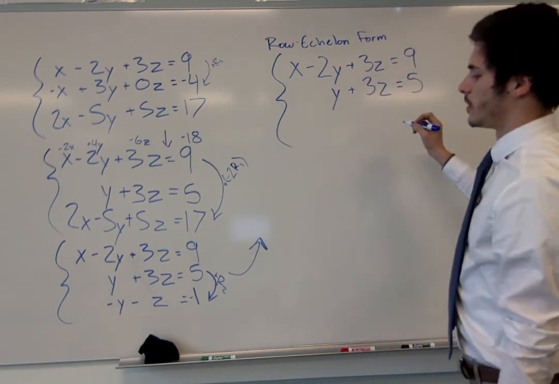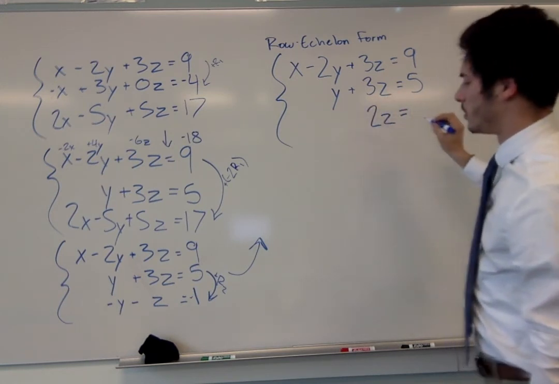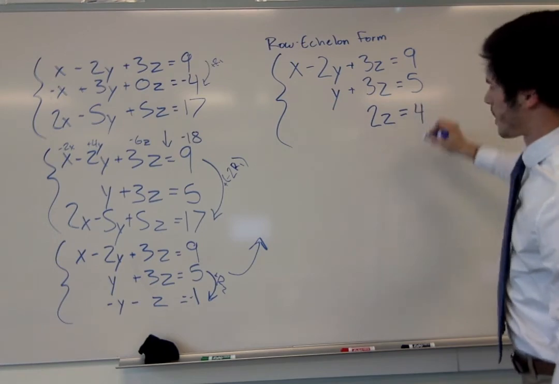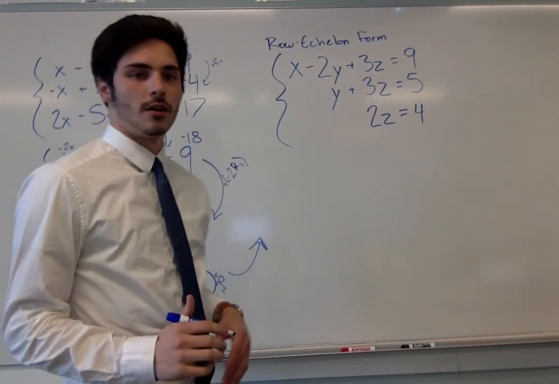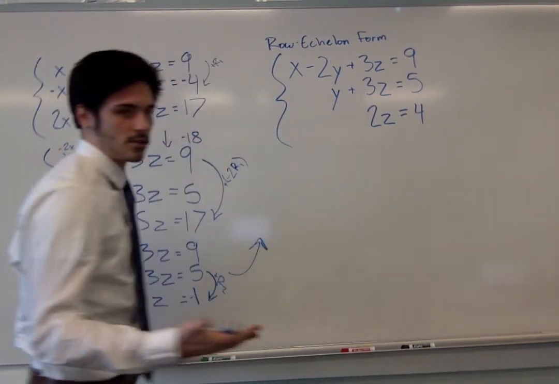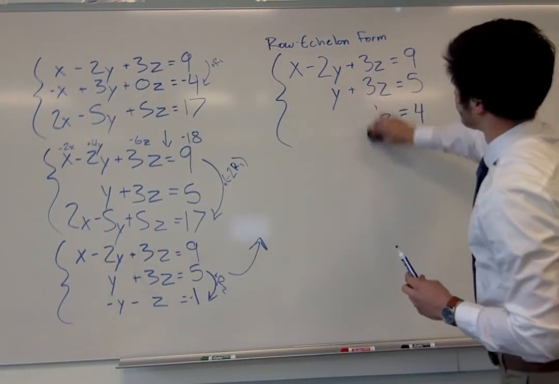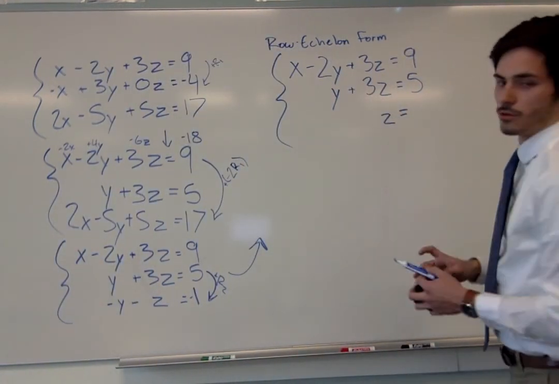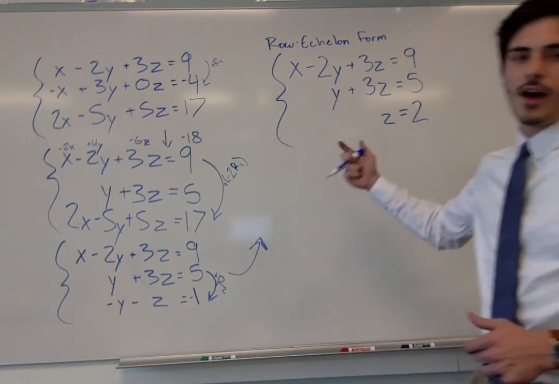So we are left with 2z equals 4. And once we have that, we can very easily solve for z. And this is actually how you want to write row echelon form, if you can. So we'll have z equals 2 because 2z equals 4. So boom, row echelon form with that.